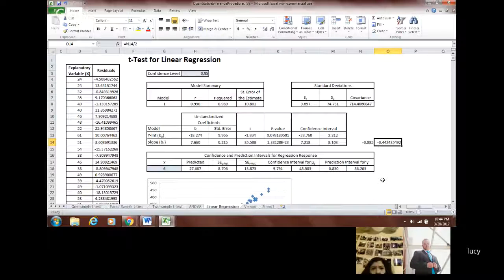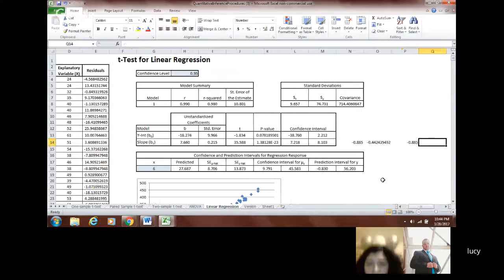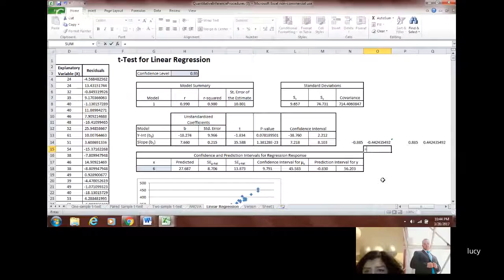Or am I just? So it would equal that times, divided by the square root of 39.